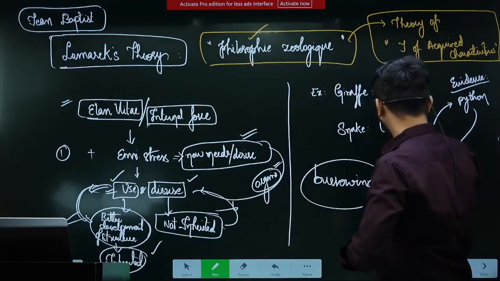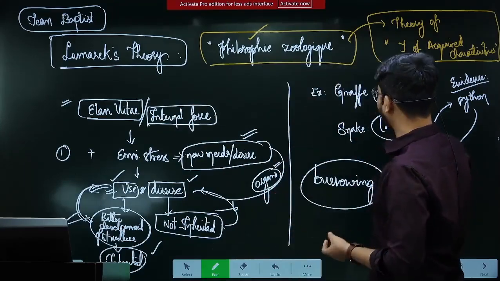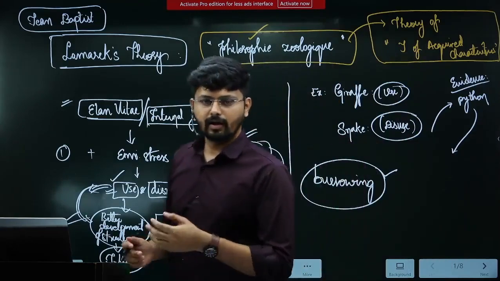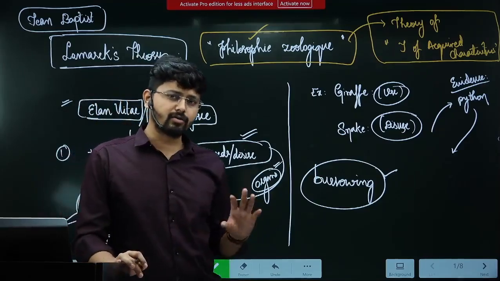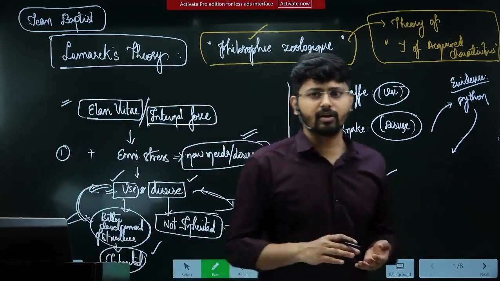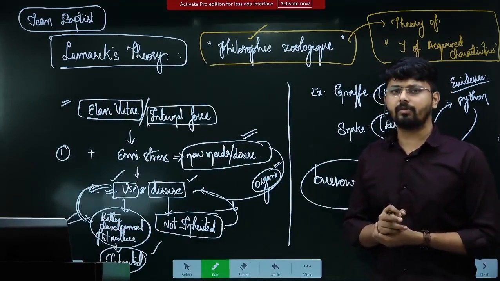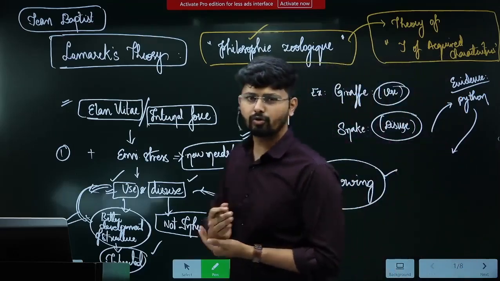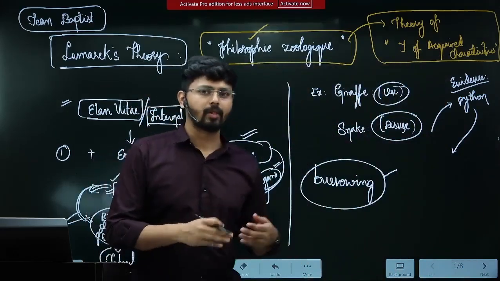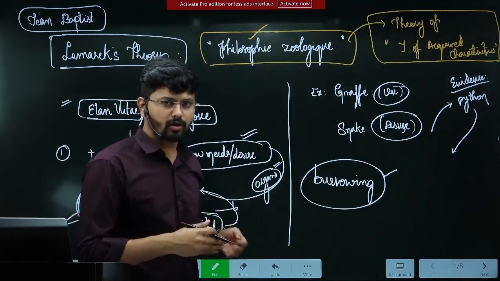Now because of disuse also, it gives rise to a new species. How? Initially snakes had limbs, that means they had legs, but because of the change in environment, they adapted to burrowing in the ground. So now there is no use of legs, they can crawl. They stopped using their legs for long generations.